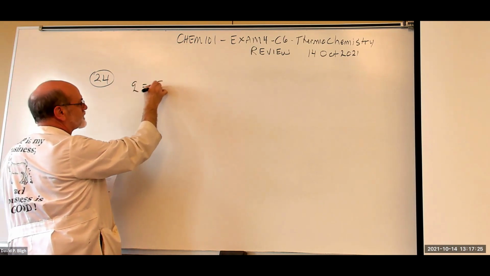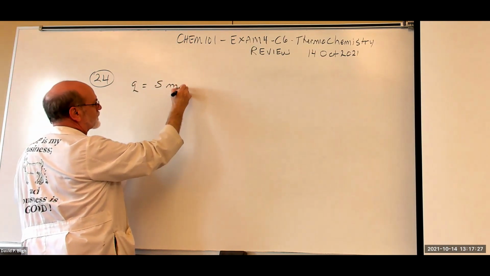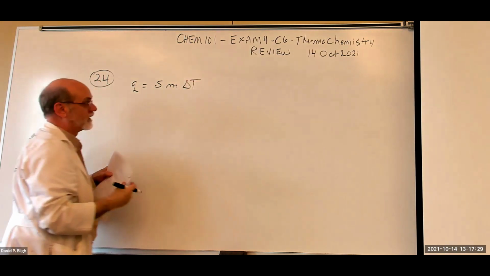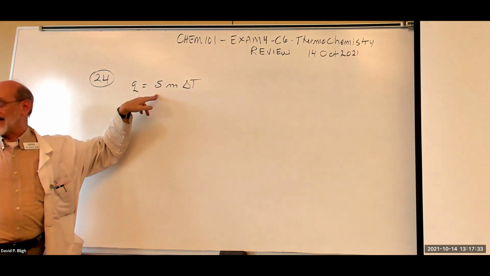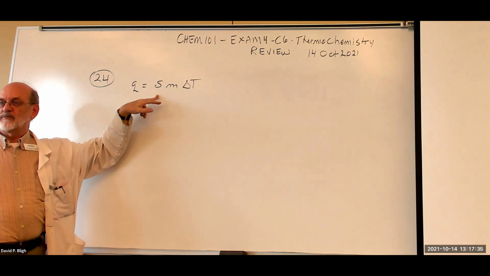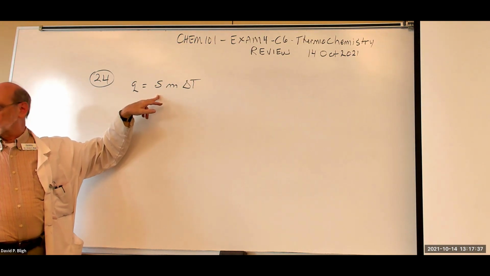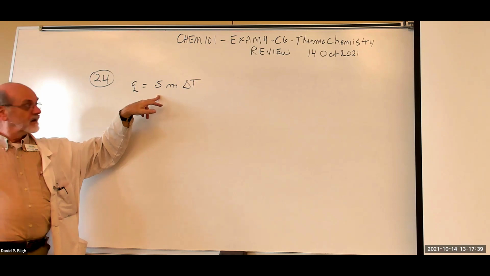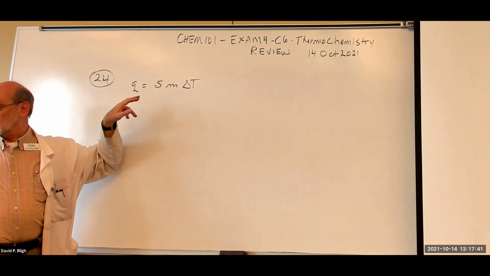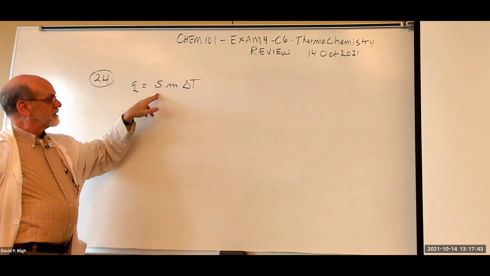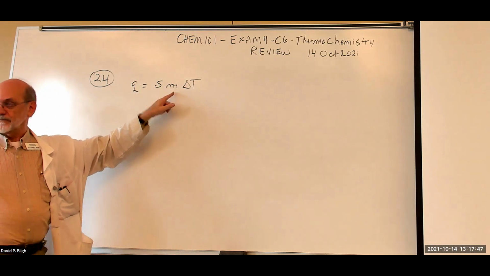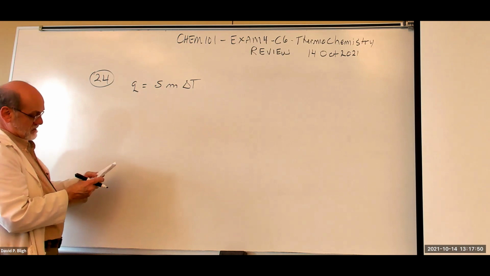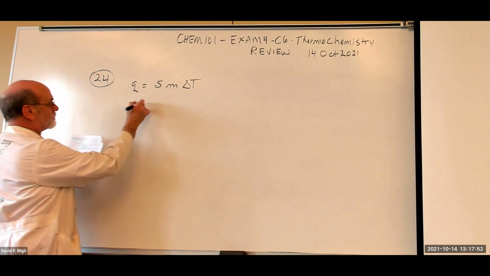Q equals specific heat times the mass times the change in temperature, if the specific heat is in terms of mass, joules per gram degree C. If it's in molar quantities, then you would have to change the mass to moles before you could use it. But in this case, we're good to go.